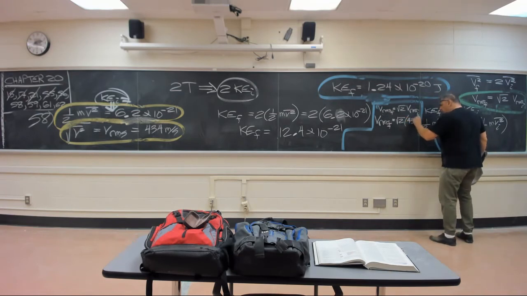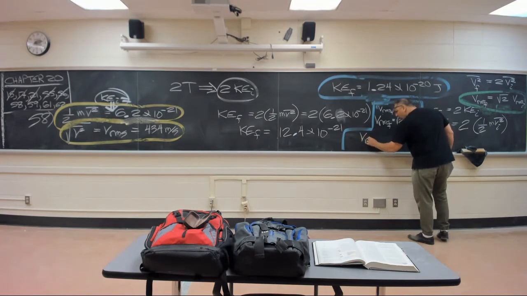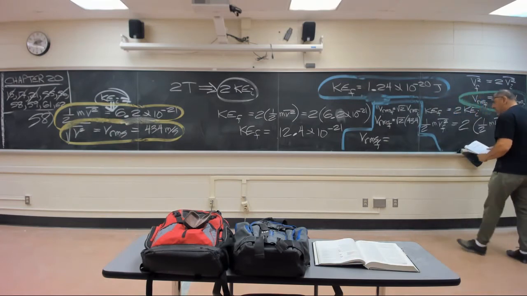Square root of 2 times 434, and that's it. That ends the whole discussion on that. And yeah, the notation is not the big deal. At the end of the day, they want you to get the right answer here.